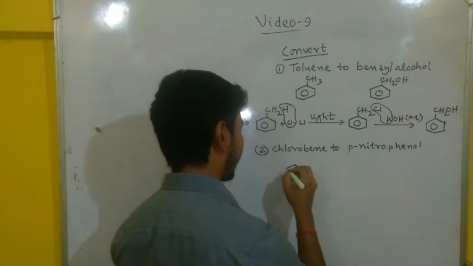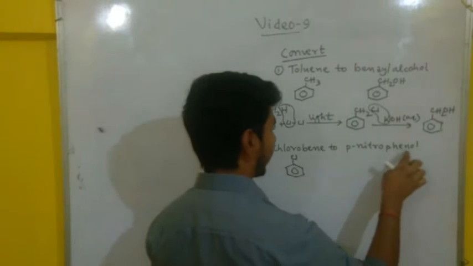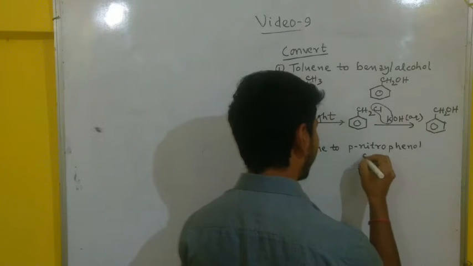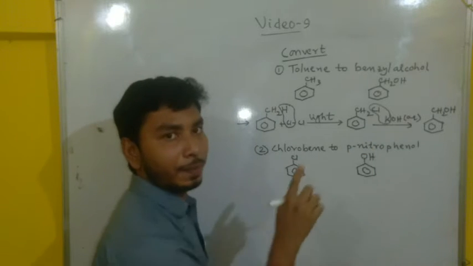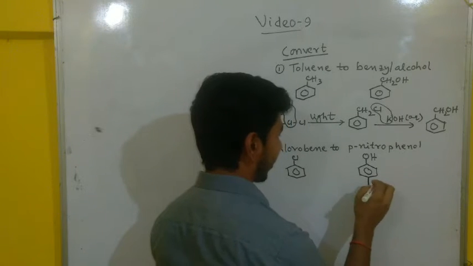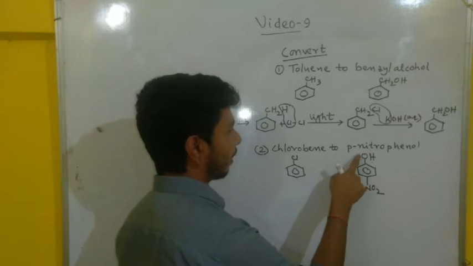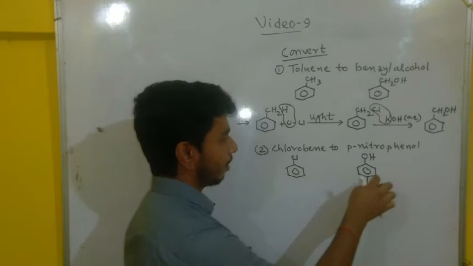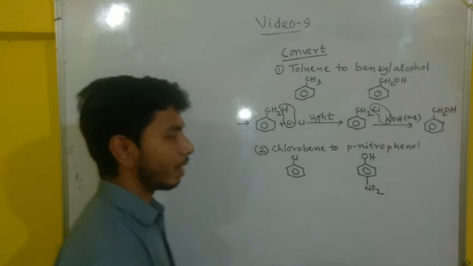Chlorobenzene can be written structurally as benzene with Cl. Para-nitrophenol: benzene with OH is called phenol. Para nitro means in the para position there is one nitro group. This position is called the para position. So this is the ortho position, meta position, and para position. The para position carries one nitro group.